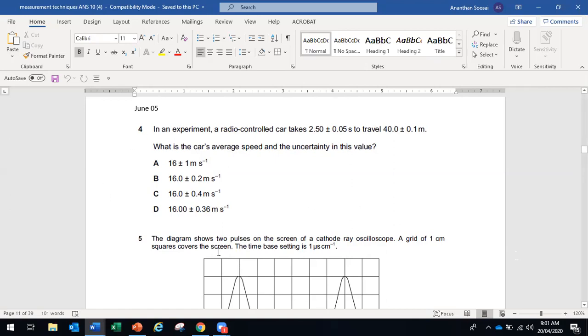What are the 4 answers here? Is it C or is it D?